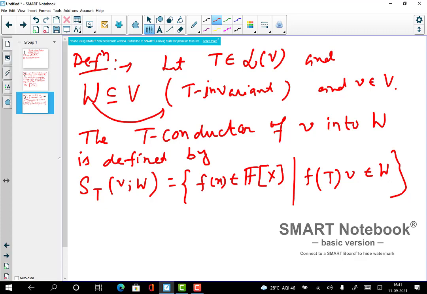Similarly, you can define something called the T annihilator. Annihilate means zero. So let me write down the T annihilator.